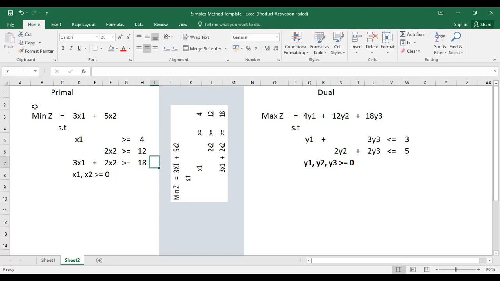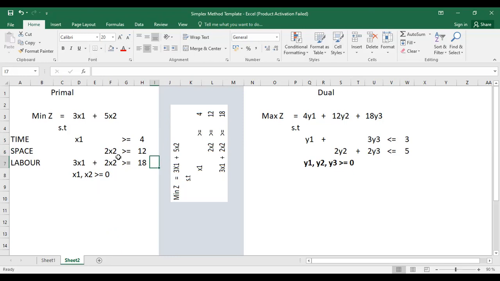In the initial, we would say that those are resource constraints. Let's say time, space, and labor. So these are resources, and we are looking at the prices of the resources. And so Y1 will represent the time, Y2 will represent space, Y3 will represent labor.